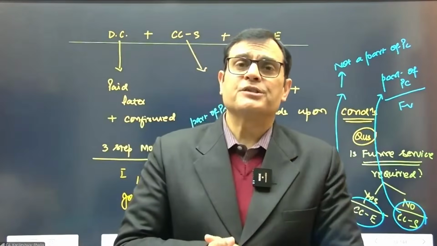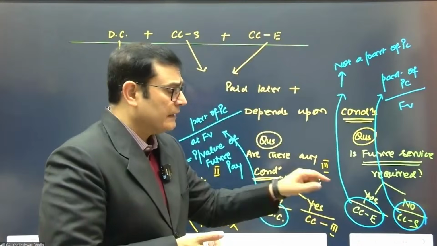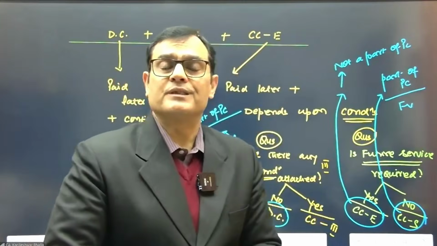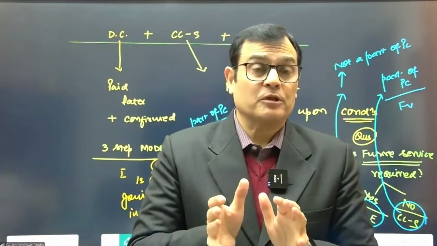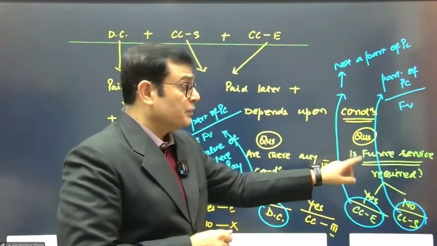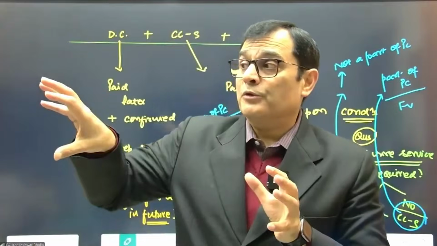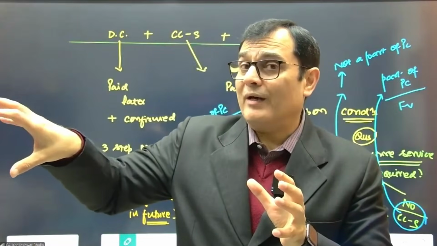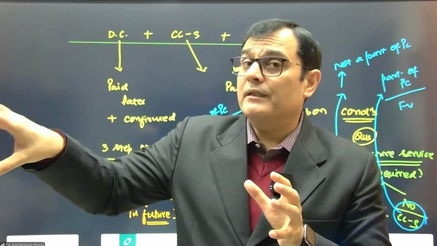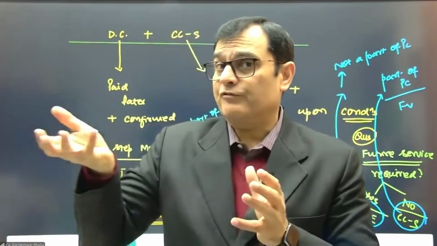But if you say there are conditions, it is contingent consideration, but we need to decide, is it in the employee or in the shareholder's capacity? Then I'm going to put across a question: is the condition related to future services? Because as I said, when you're going to give a payment to the shareholders of the equity, the shareholders of the equity are also employees of that company. I tell them, I give you a payment if you work for me.